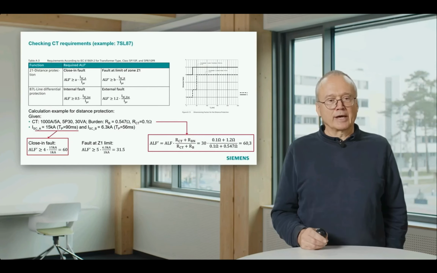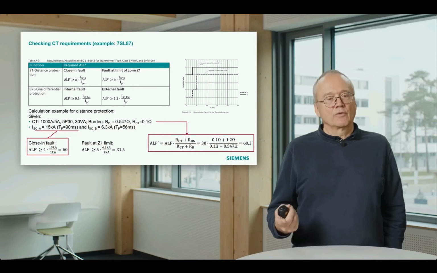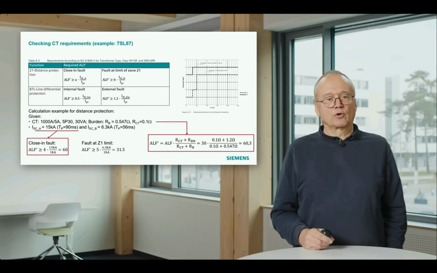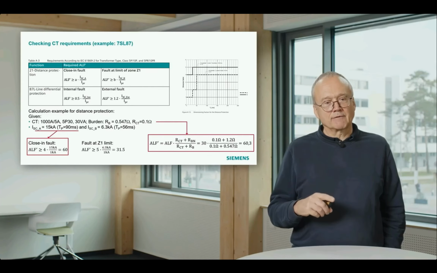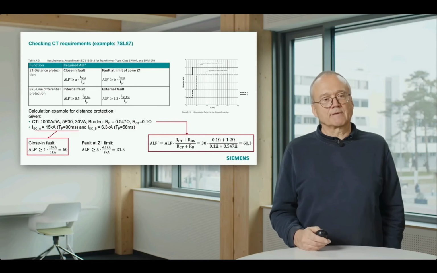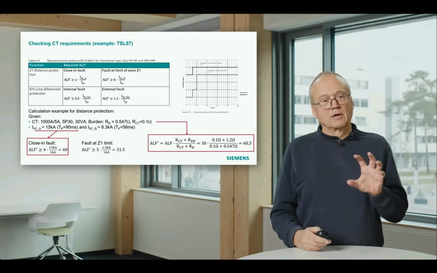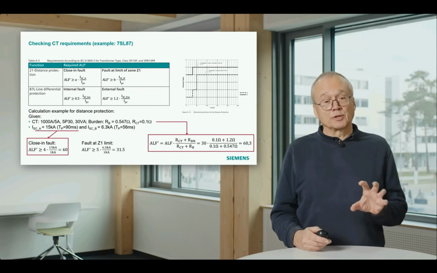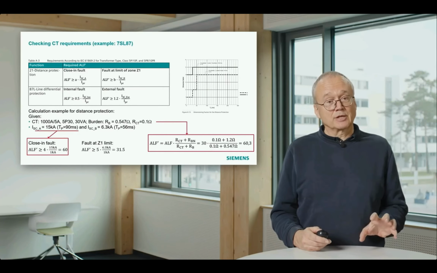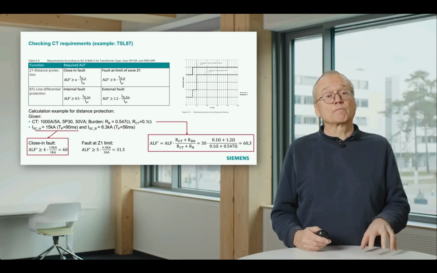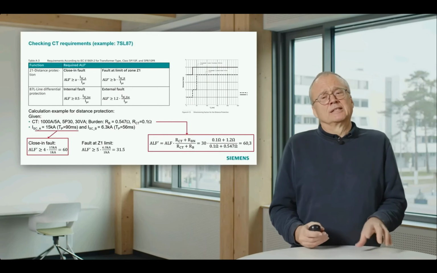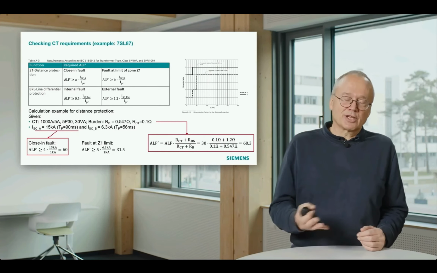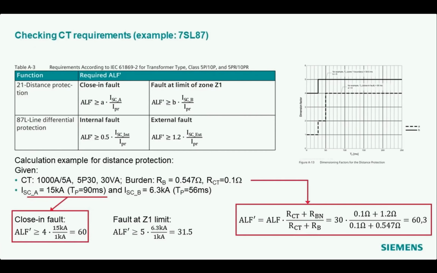The short circuit current is 15 kiloamps. The rated primary current of the current transformer is 1 kiloamp. So we have 4 multiplied by 15 kA divided by 1 kA. It is 60. That means the first requirement for the distance protection, the effective accuracy limiting factor, should be more than 60. We just calculated it is 60.3, so we are just okay. It's just above the limit, so dimensioning is okay.